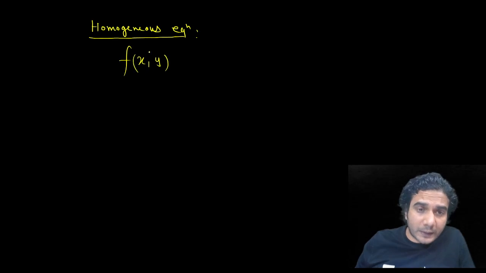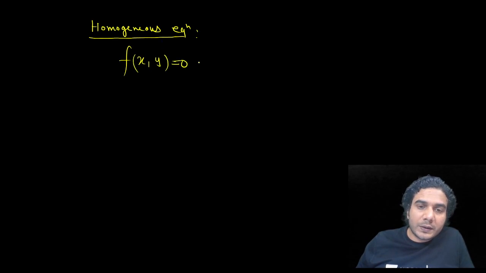So first of all, let me explain what is a homogeneous equation, then we will start solving it. Suppose you have an equation f of x, y, an expression in x and y.